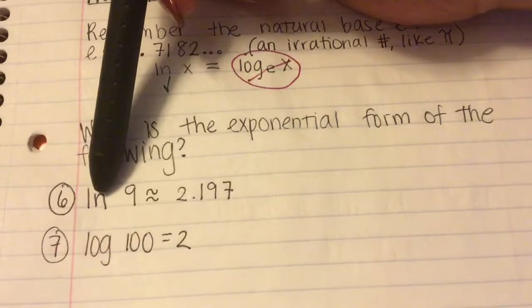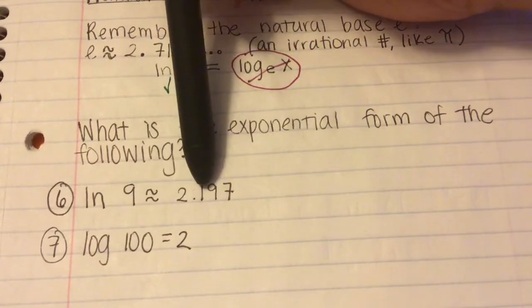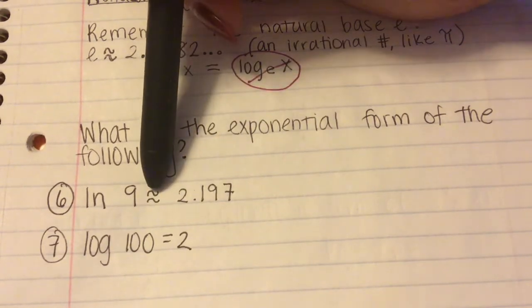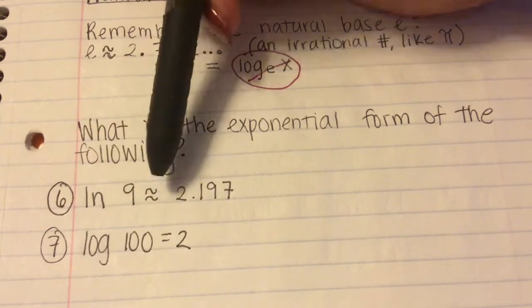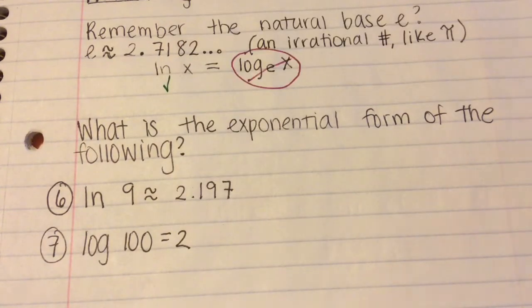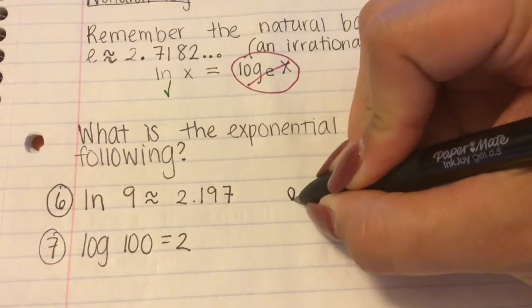Now, this natural log of 9, this answer here is estimated. So this squiggly equal sign is natural log of 9 is about equal to 2.197. I can do this the exact same way. Remember that this is base e. It's the natural base e.